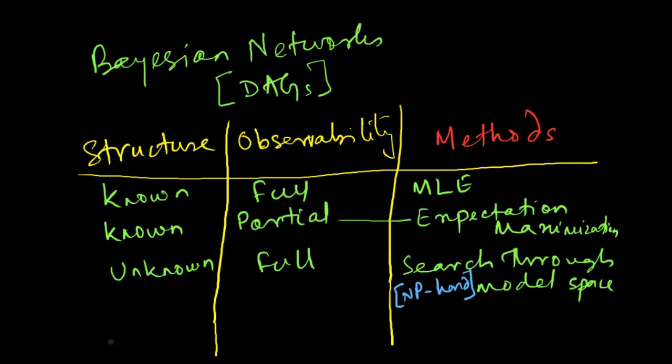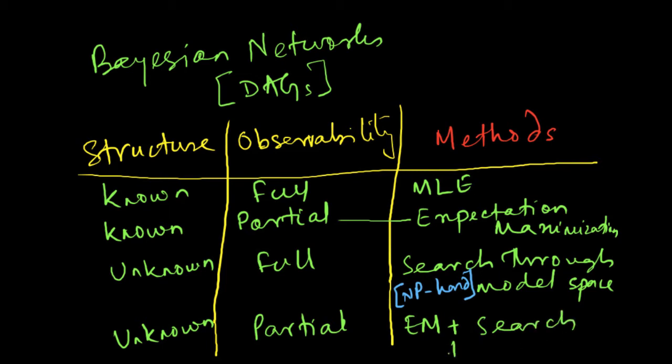And the hardest of all is when your structure is also unknown and your observability is also partial, in which case you have to use a combination of expectation maximization and a search through model space.